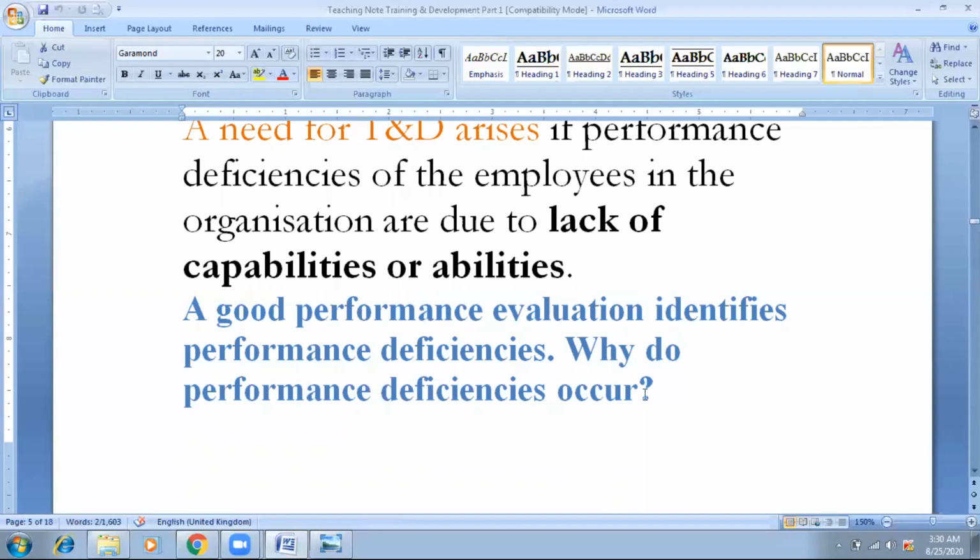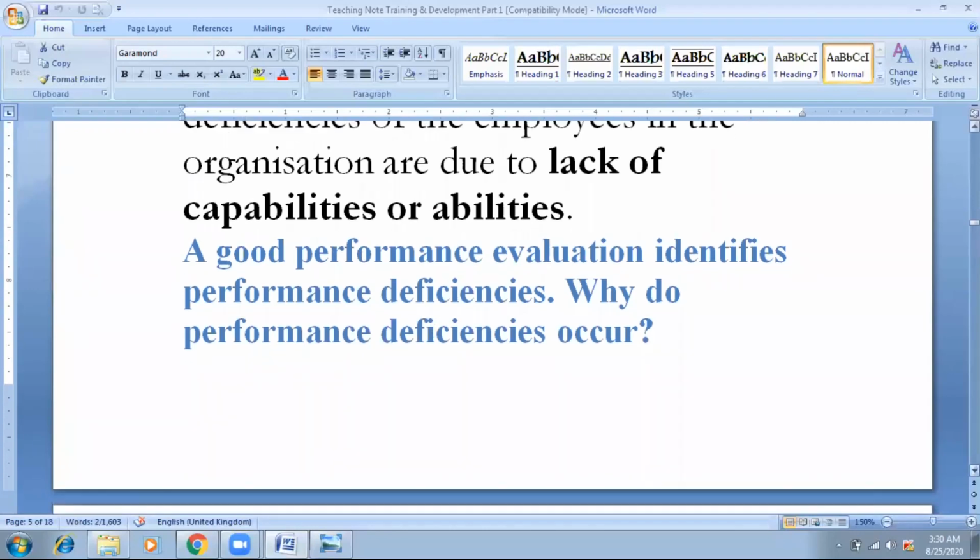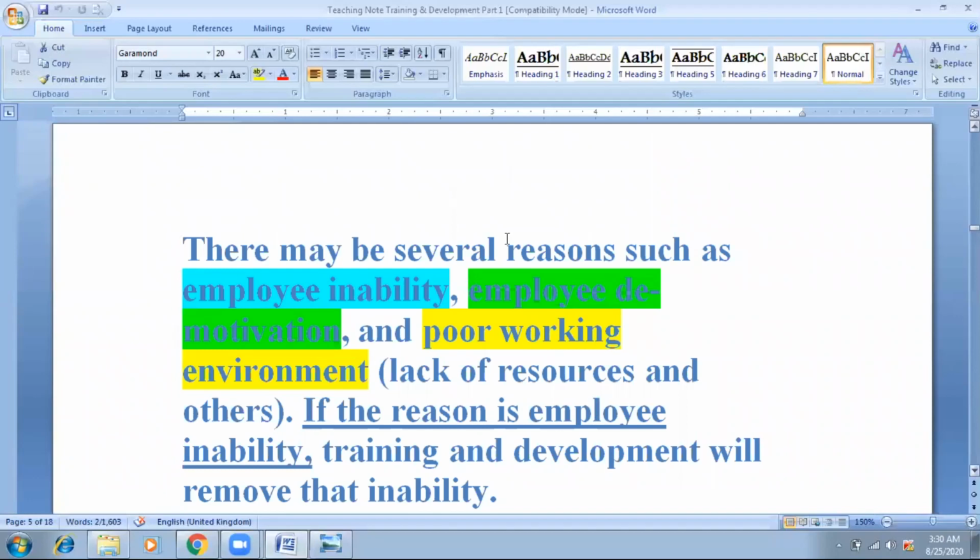So why do performance deficiencies occur? Of course, there can be several reasons, such as employee inability, employee demotivation. So assume you have the ability to learn this lecture, but you have no motivation to learn this lecture.